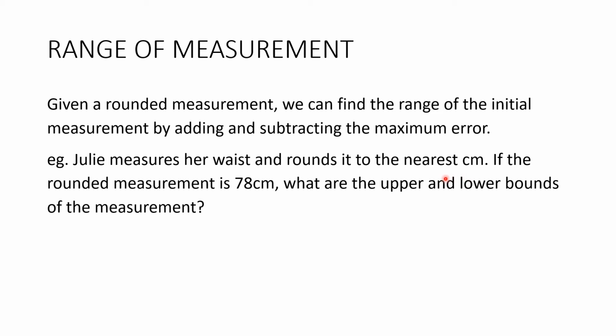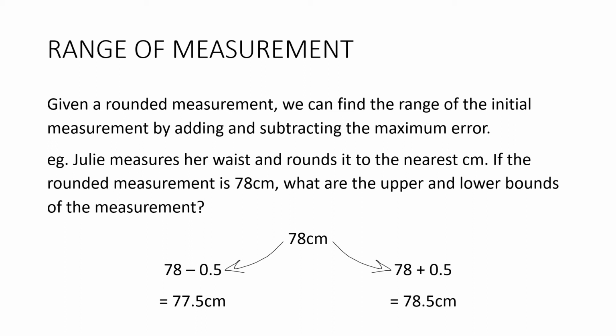The maximum error is plus or minus 1/2 a centimetre, and that's exactly what we're going to do. We're going to subtract 1/2 a centimetre and add on 1/2 a centimetre. So subtracting 0.5 gives us a lower bound of 77.5 centimetres. Adding on 0.5 gives us an upper bound of 78.5 centimetres. So anywhere in between these two will round to 78 centimetres.